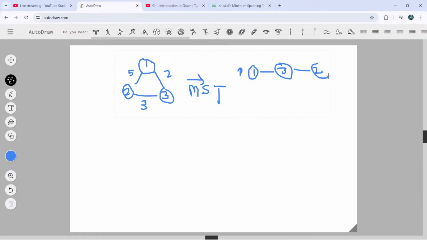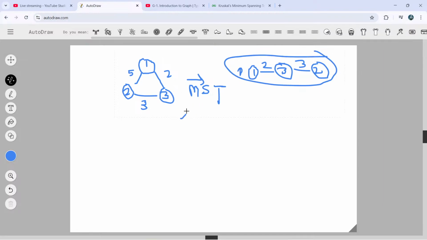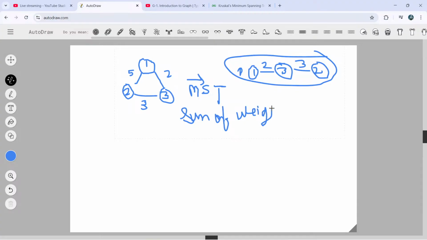From each node, if we can go to any node, the weight is the sum of weights, and the sum of weights should be minimum. That tree we call the minimum spanning tree.